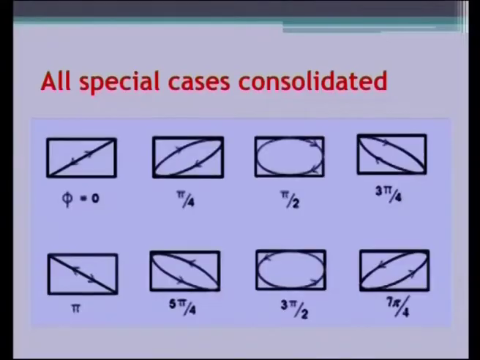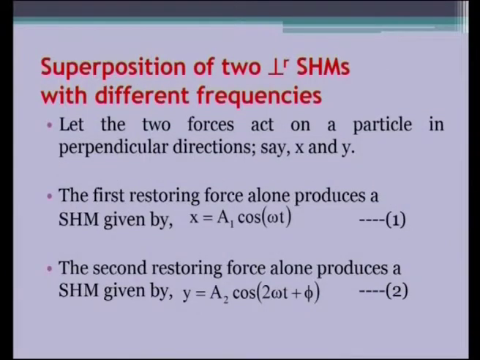So, the 1:2 ratio is also a very familiar, very important ratio, because that analysis leads to further understanding of the superposition. I think we can take up the frequency ratio 1:2 for discussion now.